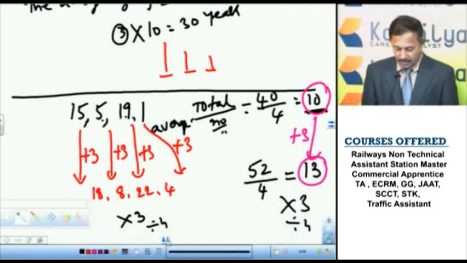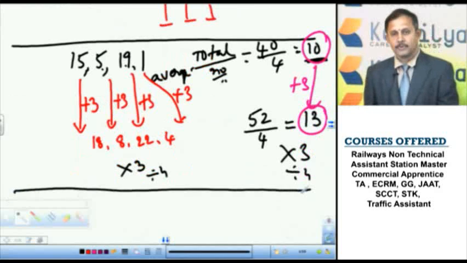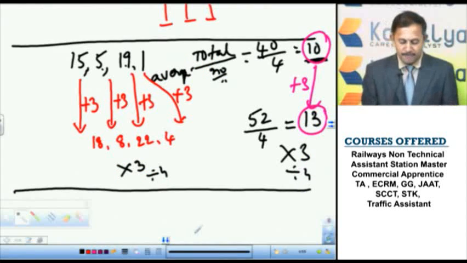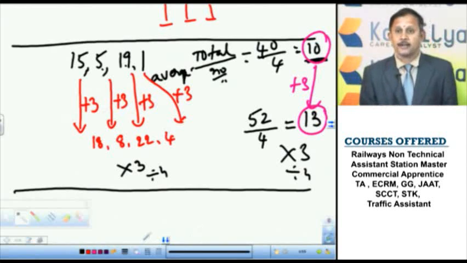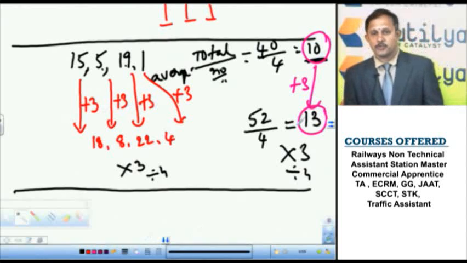So at this level what you have to observe is, for a group of elements, if the same treatment is extended to all the elements, I repeat, if the same treatment is extended to all the elements, we have to extend the same treatment to the average also.